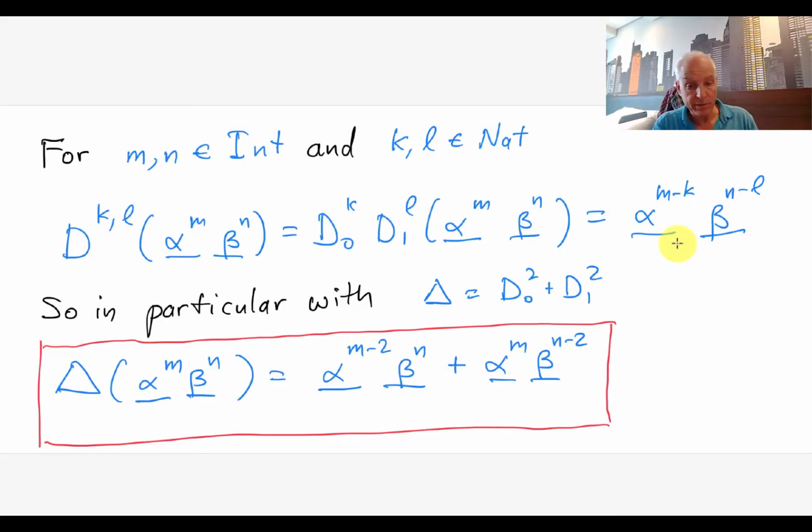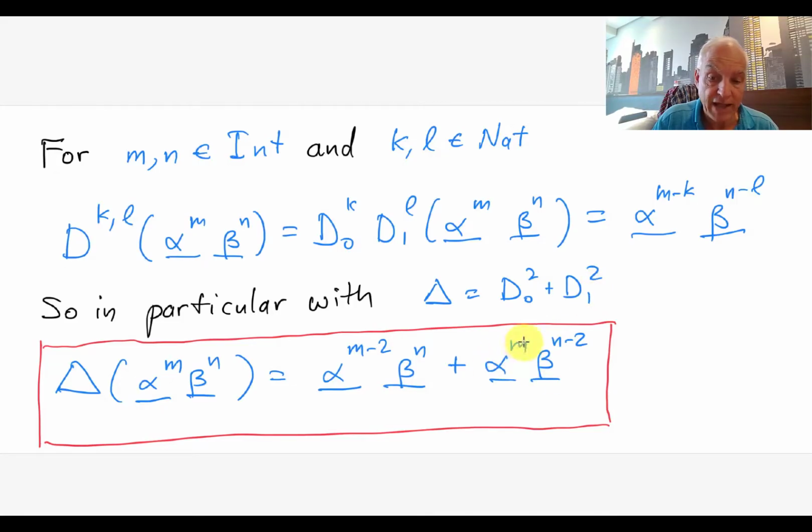And in particular, with our Laplace operator, which is d sub 0 squared plus d sub 1 squared, when we apply that to one of these mixed factorial polynumbers, a bi-polynumber, the Laplacian acting on alpha to the m underscore times beta to the n underscore, well, d0 squared is going to take alpha to the m underscore and send it to alpha to the m minus 2 underscore, leaving the beta to the n underscore where it is. And then d1 squared is going to do the same kind of thing.